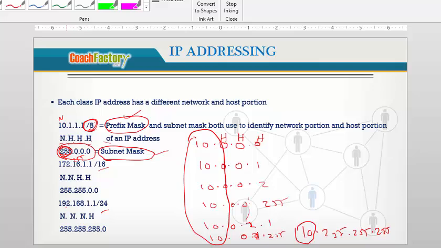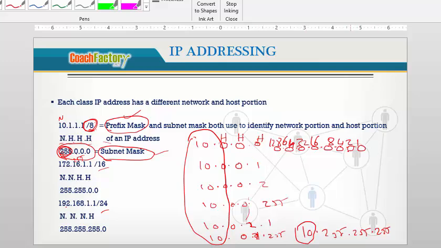And how did we get the subnet mask 255.0.0.0? Because we have these numbers. We have the 8 bits. We have the numbers 1, 2, 4, 8, 16, 32, 64 and 128.